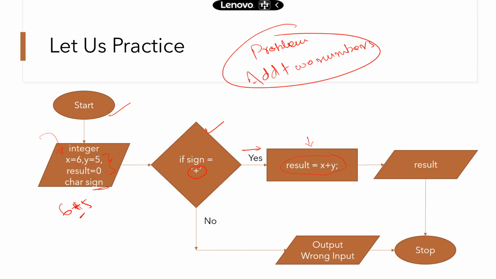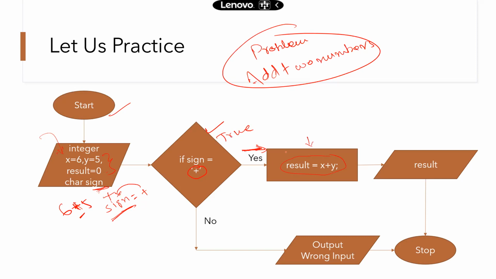So we are going to define these three integers and one character sign, and then put a decision over here. If the user says that yes, it is a plus sign, then sign would carry a plus. If this variable sign has a plus sign and this condition comes out to be true, we are going to head towards a yes.